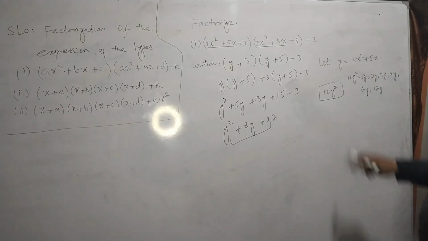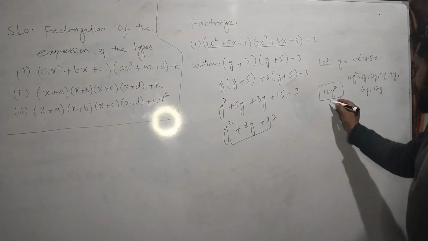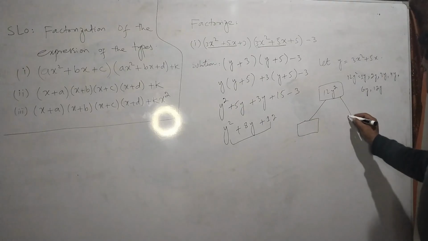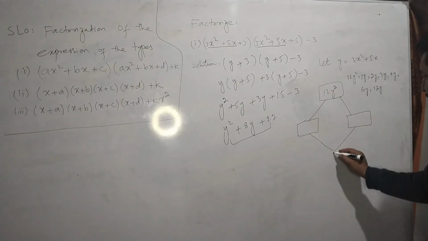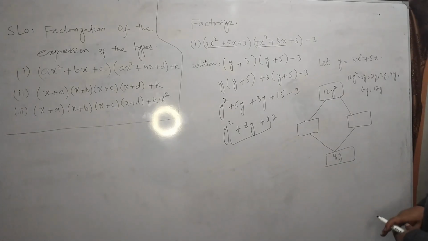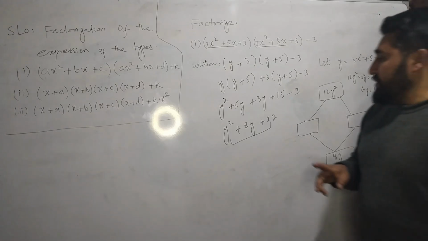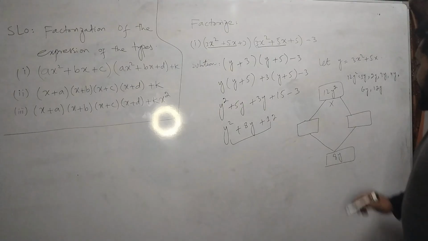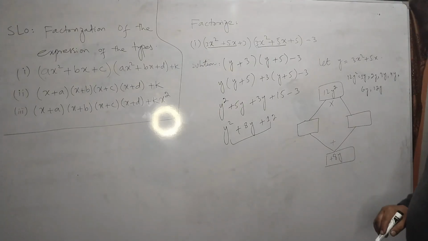These are the factors of 12y square. So we just use the same rule. What is our middle term? Our middle term is 8y. Okay. From these factors, we pick two factors whose product is equal to 12y square and whose sum is equal to plus 8.